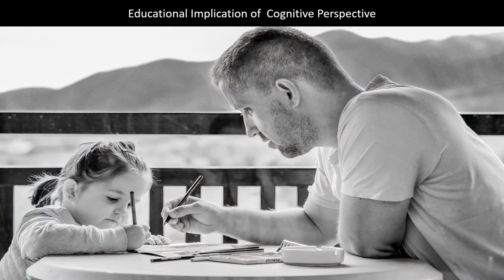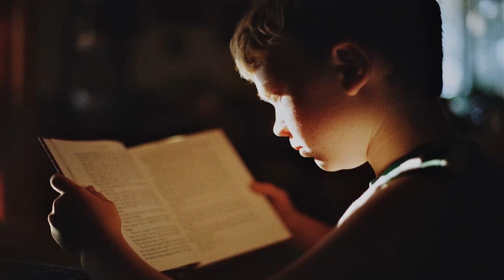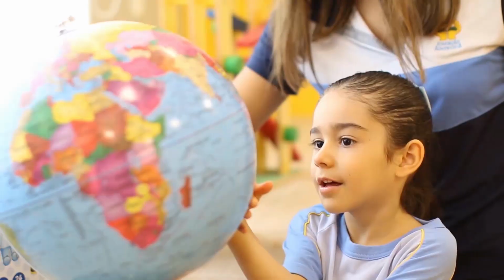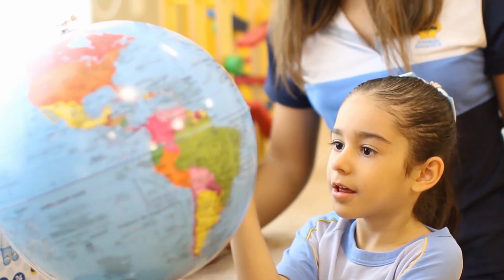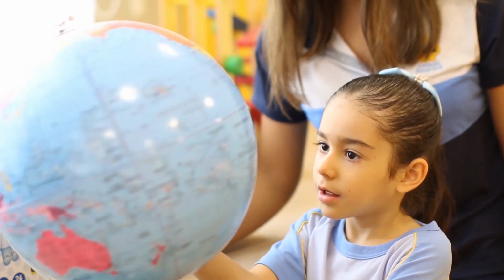Now, we are going to discuss the educational implications of the cognitive perspective. When we look at the Piagetian perspective, we can see that the Piagetian perspective on qualitative development had an important impact on education.